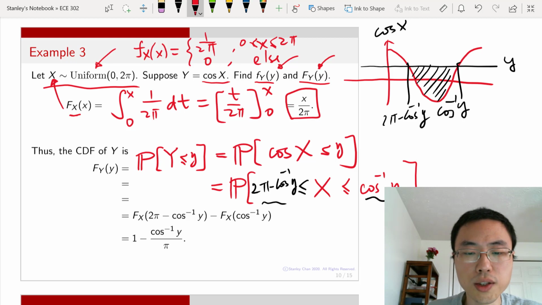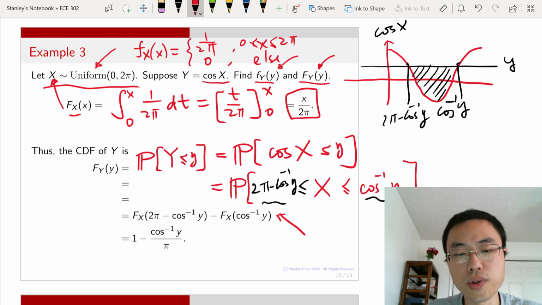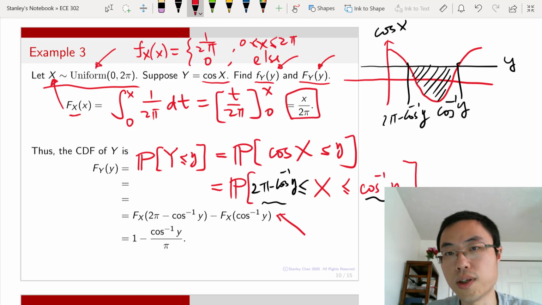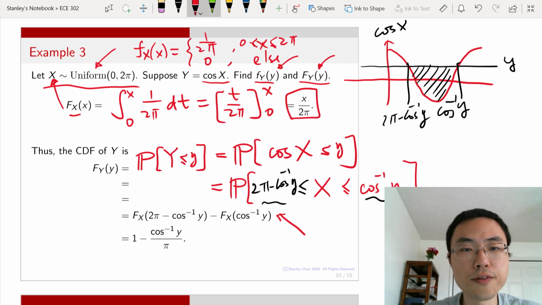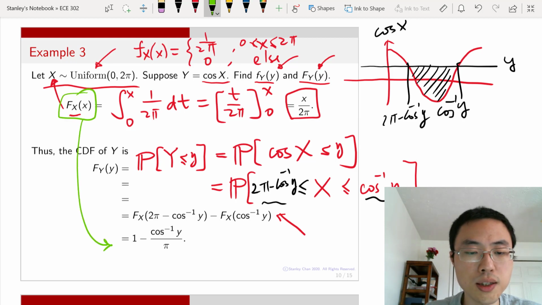Once you have this, then you know that the CDF can be easily written down, which would be the CDF of 2 pi minus cosine inverse y, minus the CDF at cosine inverse y. And then since you already have the CDF of x, which is here, you just plug it in. That will give you 2 pi minus cosine inverse of y divided by 2 pi.